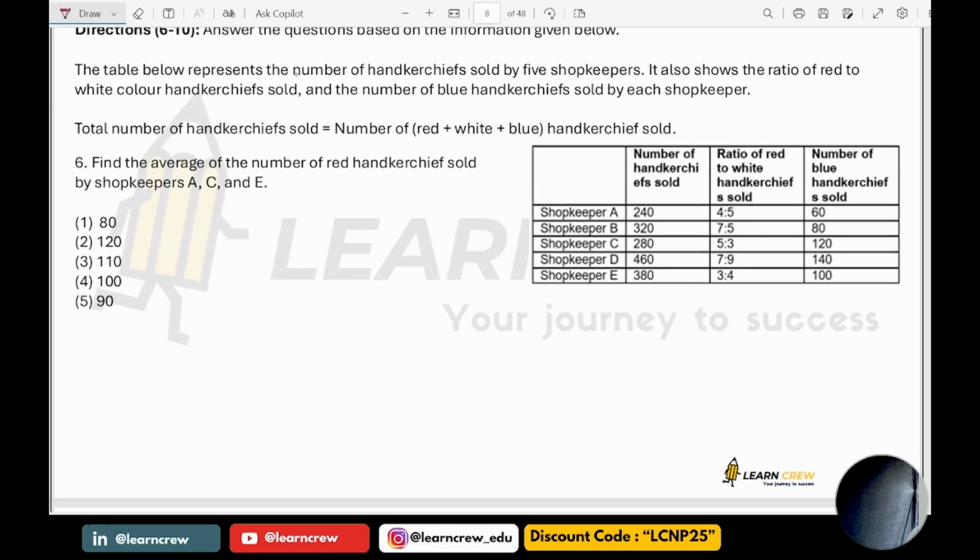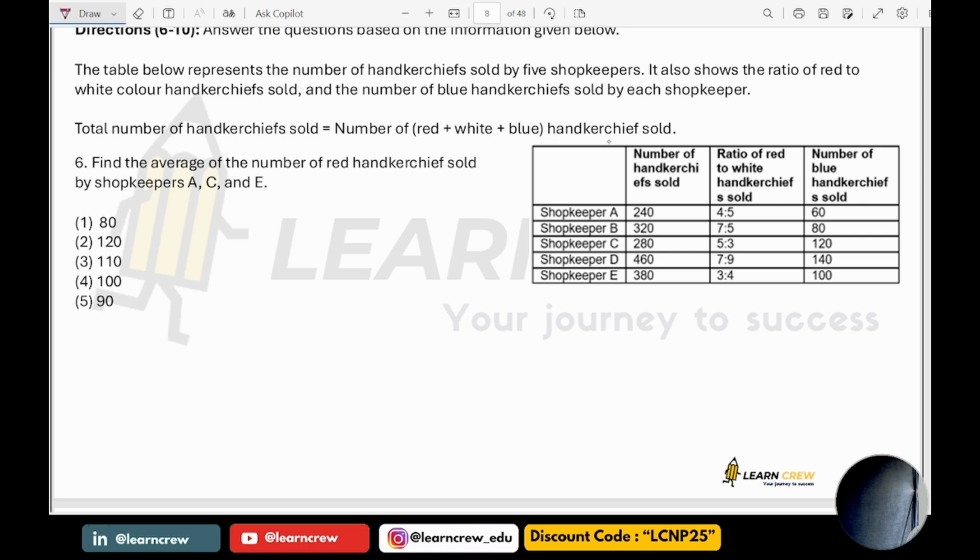The table below represents the number of handkerchiefs sold by 5 shopkeepers. It also shows the ratio of red to white color handkerchiefs sold and number of blue handkerchiefs sold by each shopkeeper. So total number of handkerchiefs sold is equal to number of red plus white plus blue.